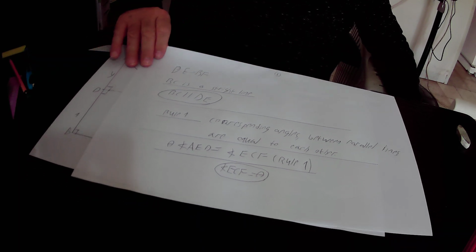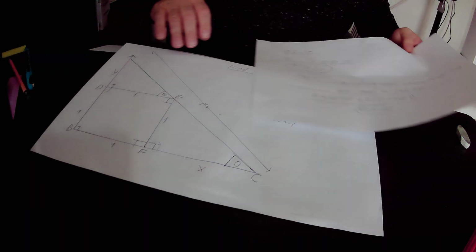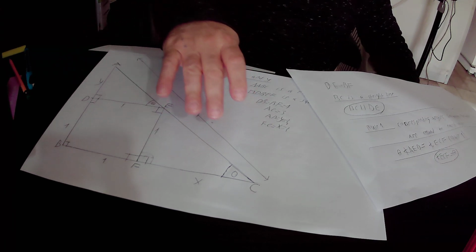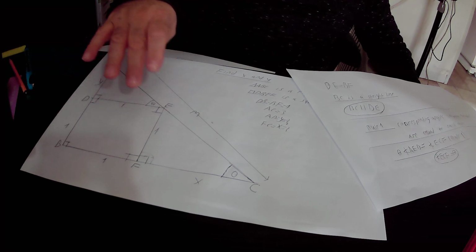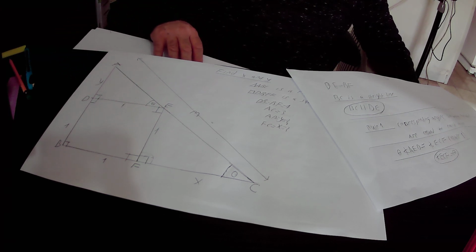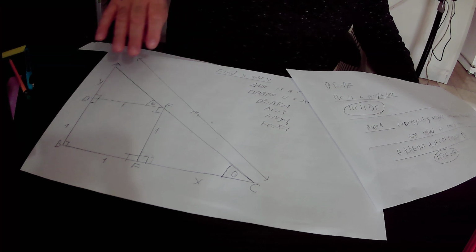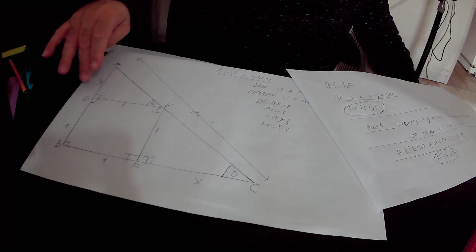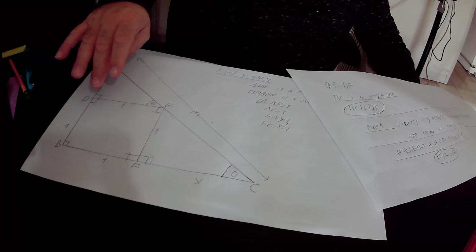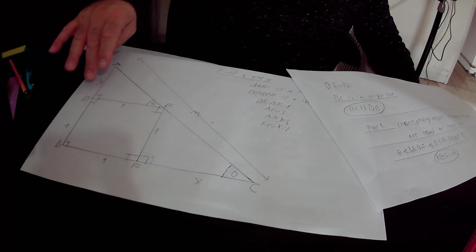And BF is part of the straight line BC, and BF is parallel to DE. So if part of the straight line BC is parallel to DE, then the straight line BC itself will also be parallel to DE.